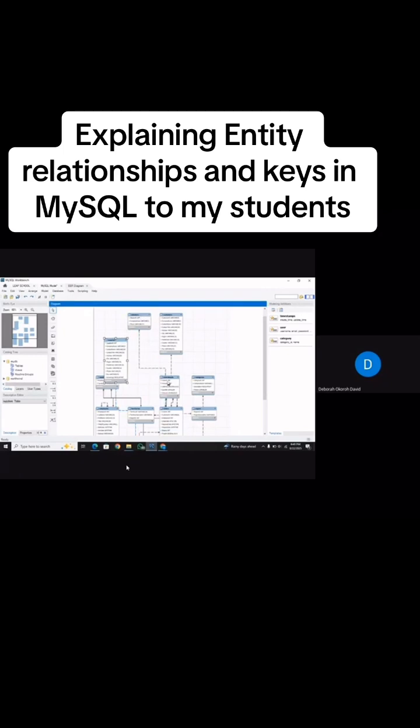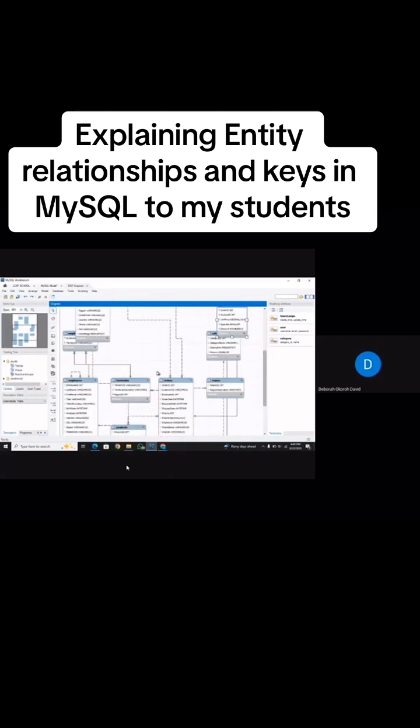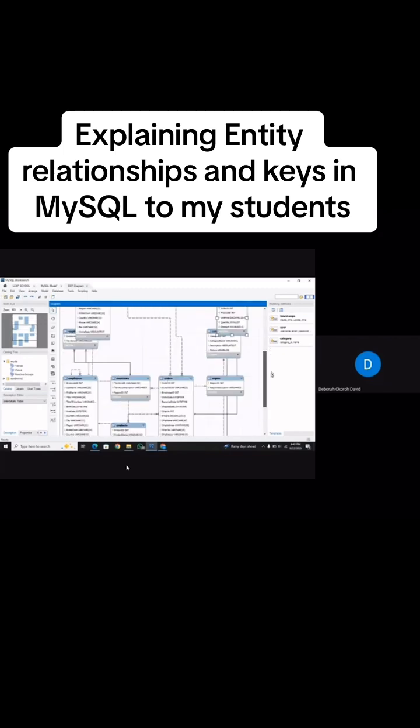So when I hover on this, you see that it is connected to this table. And this symbol, the fork symbol, simply means many. So the relationship this shares is a one-to-many relationship.